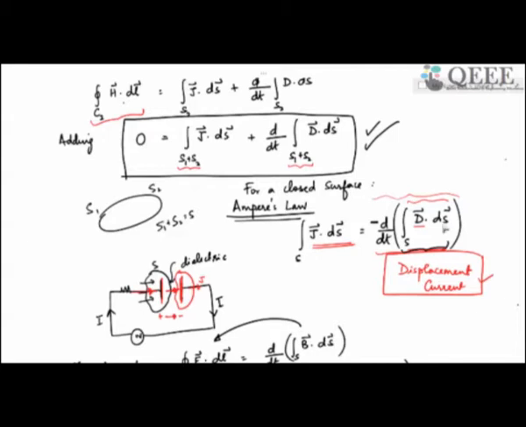So what is happening is this electric flux is changing with time, that is creating a current which we call a displacement current, and continuity follows from this Ampere's law. So you again apply the closed surface rule here. Flux entered this surface as conduction current, but it will leave the surface as displacement current.